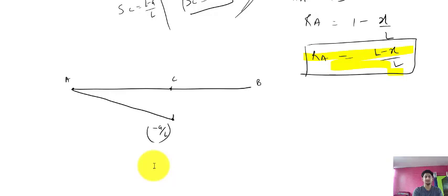When x equal to L, the value is 0. So this is the influence line diagram for the shear force. This is how you need to make an influence line diagram for the shear force. I hope these points are clear with you.